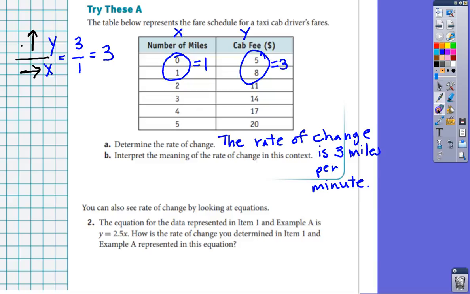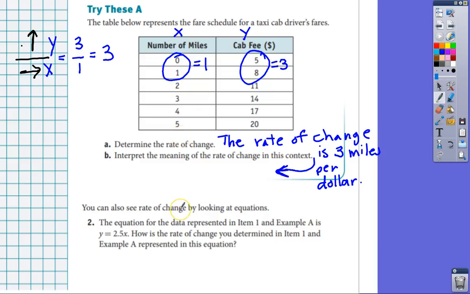Oh, I messed up. It's not 3 miles per minute. Okay, 3 miles per dollar. There we go. All right. Interpret the meaning of the rate of change in this context. Okay, I kind of skipped ahead. I guess they wanted a sentence here. So you could have just written 3 for the determine the rate of change.